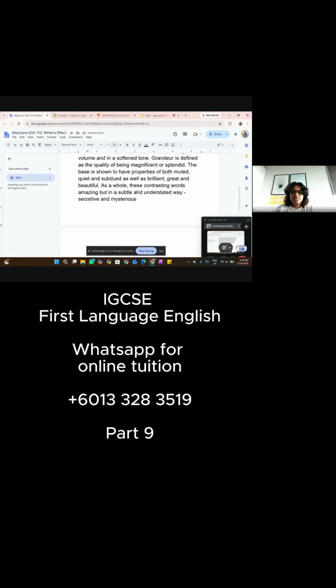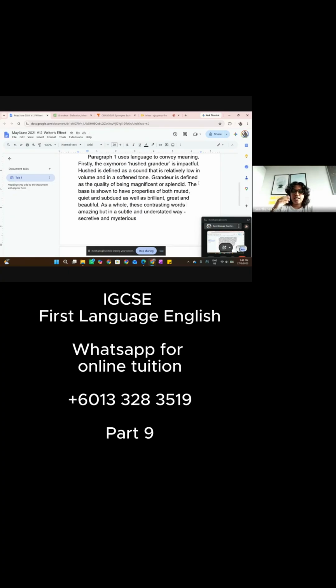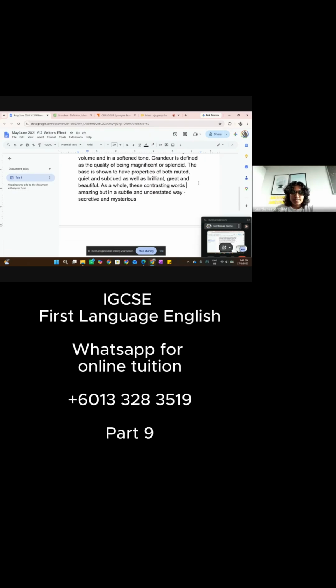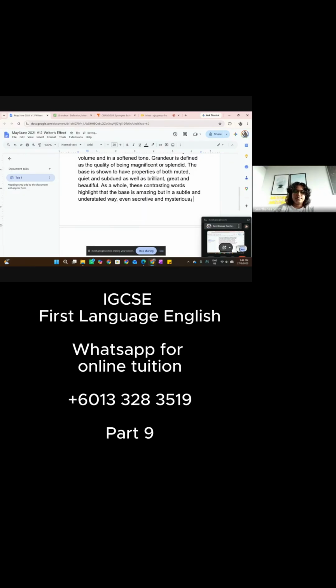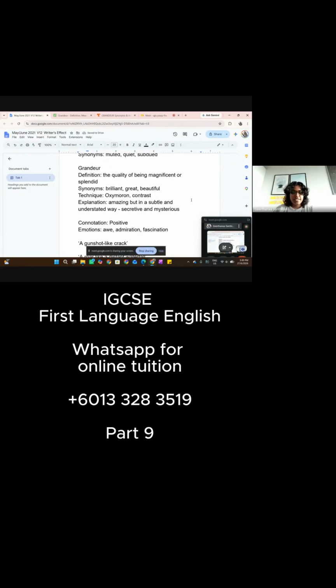As a whole, these contrasting words, so you should learn helper words: showcase, highlight, suggest, right? Memorize some of them, so you have some variety. Highlight that the bass is amazing, but in a subtle and understated way. Maybe you can say even secretive and mysterious. Done. We have that explanation.